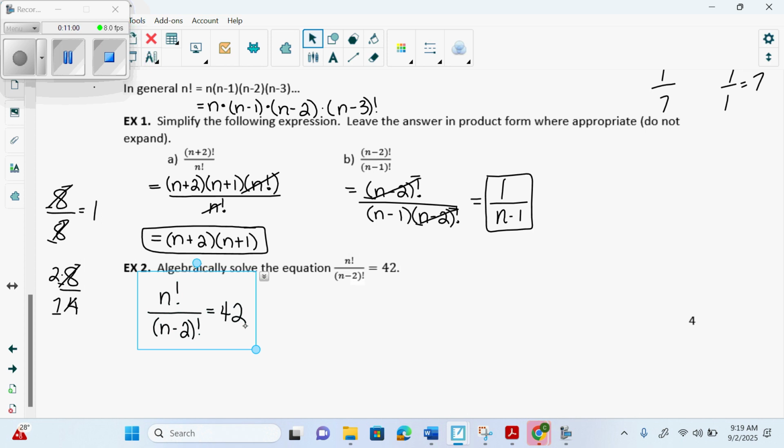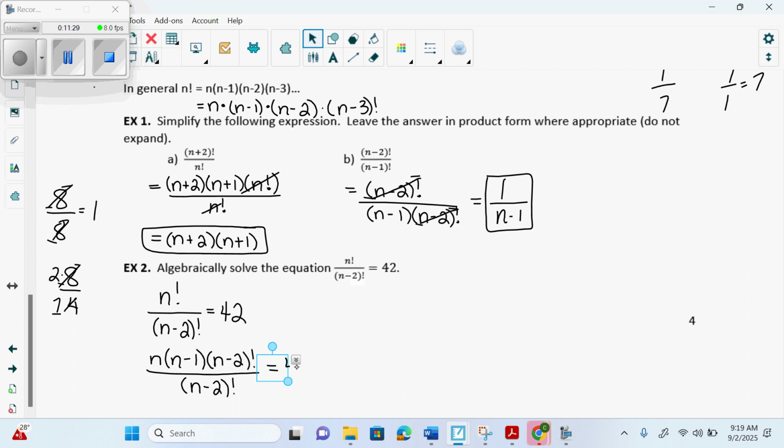Yes? So which one's bigger, n or n minus 2 factorial? N, right? So our n is what we're going to expand. So we're going to have n, and that's 1 less than n minus 1, 1 less than that, n minus 2 factorial over n minus 2 factorial.